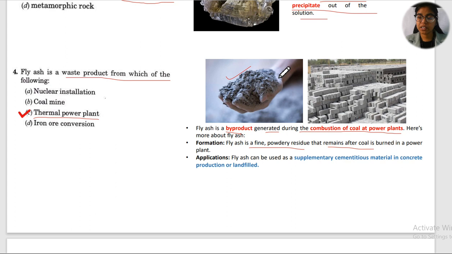And for what purpose can it be used? It can be used as a supplementary cementitious material in concrete production, and in landfill applications also you can use fly ash.